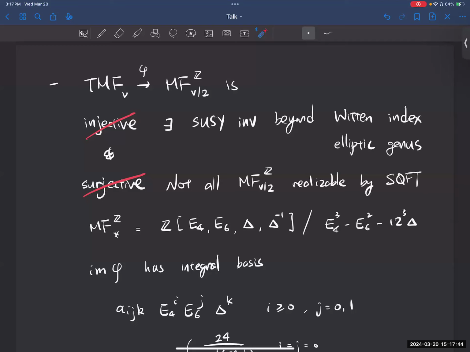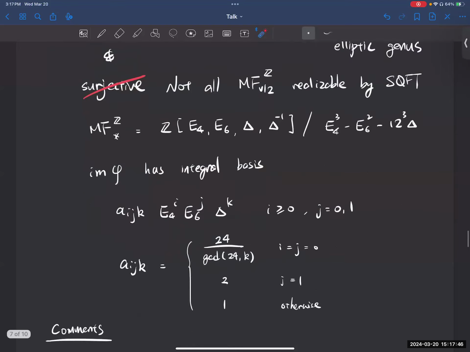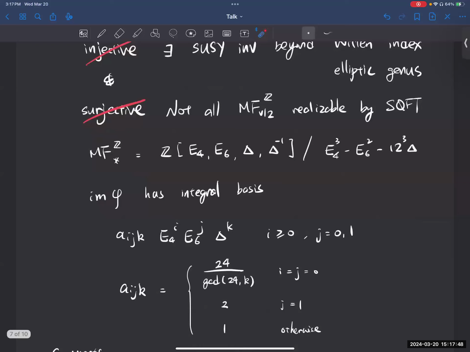So to give you a flavor of what this non-surjectivity entails, let me first tell you that the whole ring of modular forms, you can think of it as having these generators: the E4 Eisenstein series, the E6 Eisenstein series, the modular discriminant, and its inverse. And here I'm using the normalization where the leading coefficient of the Q expansion is 1. There's no funny 2 pi factor as in certain conventions.